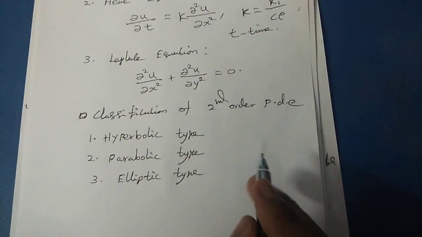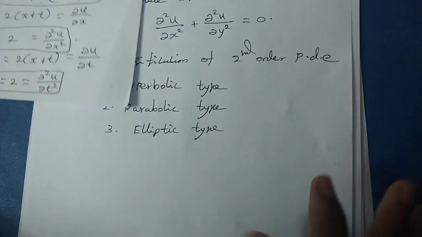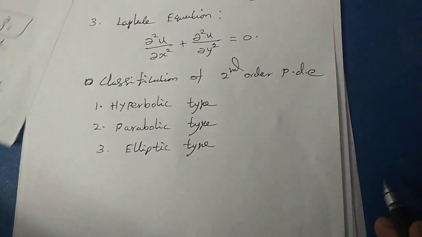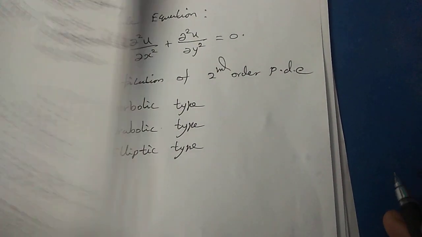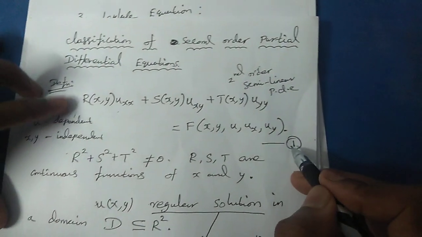So how do we classify these three types? At the beginning of this video we discussed the general form of the second order semilinear PDE.